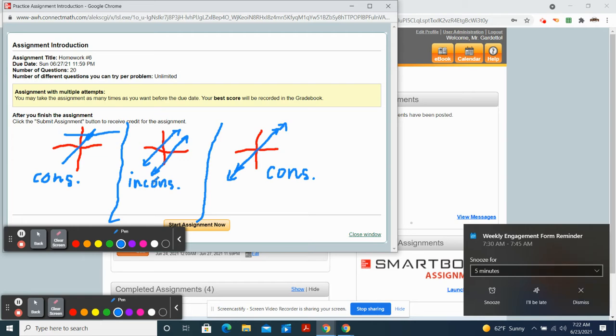Now the other words are dependent or independent. If two lines are different, they are independent. So this one is independent because those two lines are different. These two lines are different, so these are called independent.